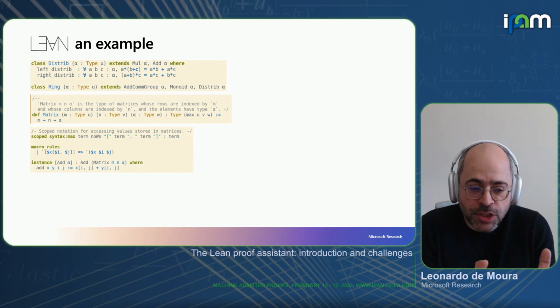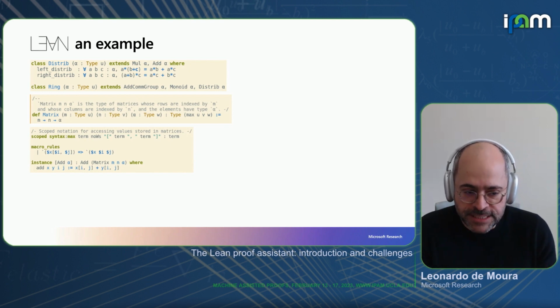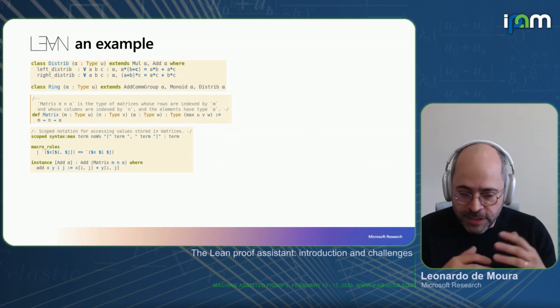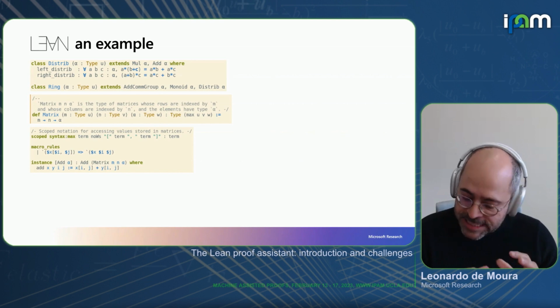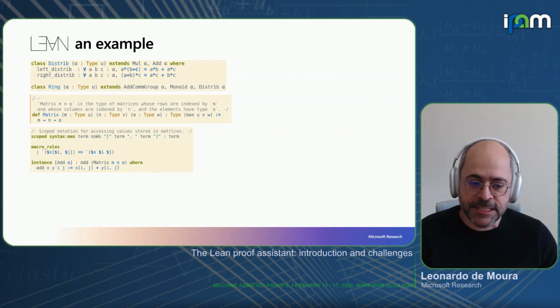Here you just want the square brackets notation for matrices, so you want to be able to write X, square bracket, I comma J, close square bracket. You want to make it very simple. Here, in 2 lines of code, you can do it. So simple things should be simple. That's the idea we want to communicate with this example.